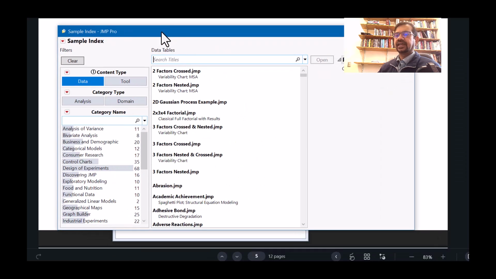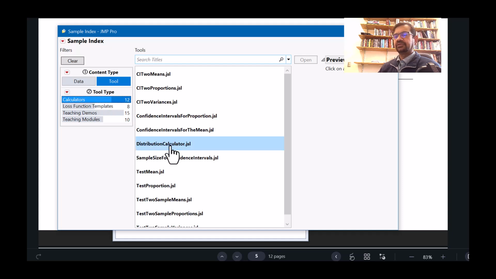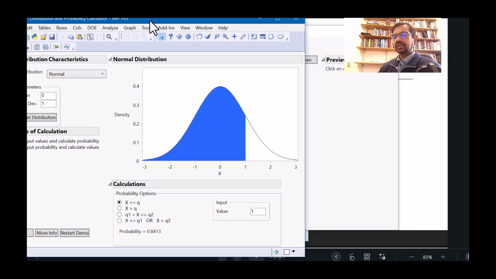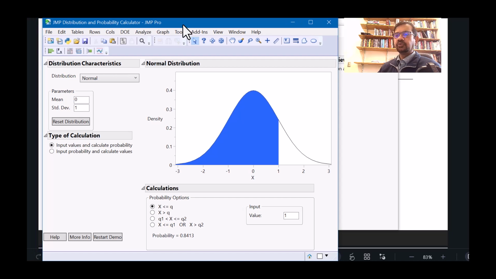It opens up this dialog box. We'll click on Tools, and then Calculators, and then we will choose the distribution calculator. We can double click and open it. This distribution calculator is a really powerful interface which will help us answer a variety of questions dealing with all the continuous probability distributions, even discrete distributions that we'll be working with.